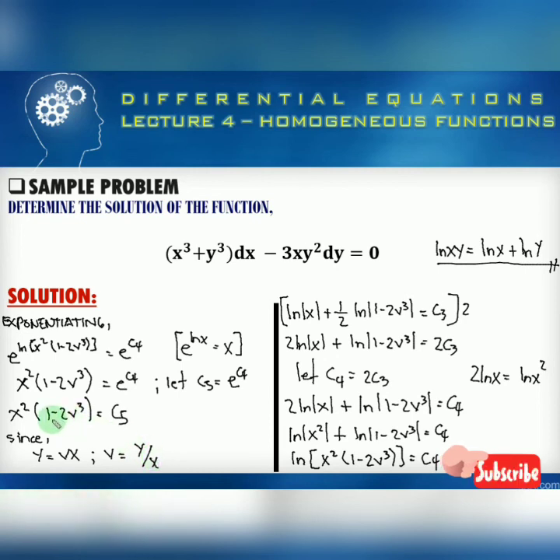So we have an equation in terms of x and y.